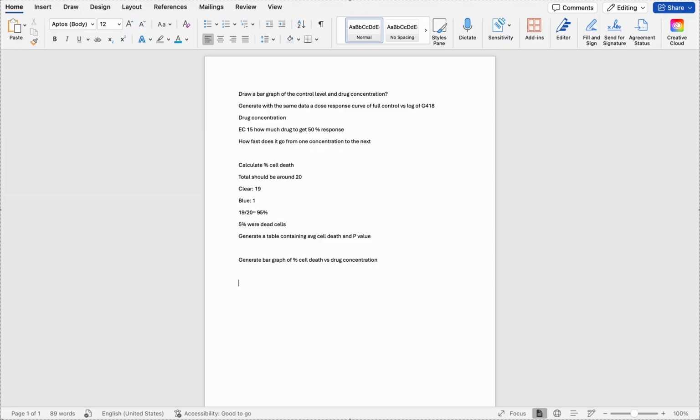So in the rescue data, it includes the control value, and presumably the control value should be 1, if it's how many times better than the control it is, shouldn't it? Okay, everybody pay attention.